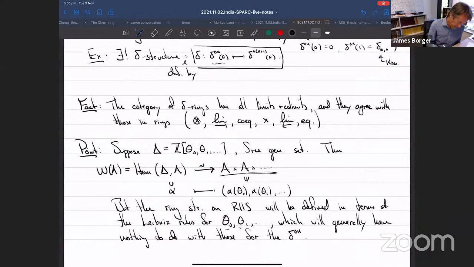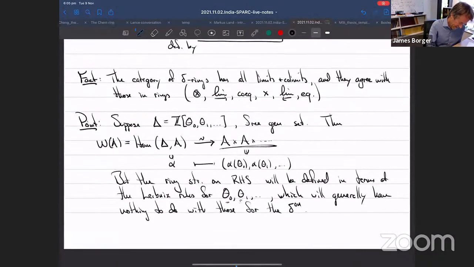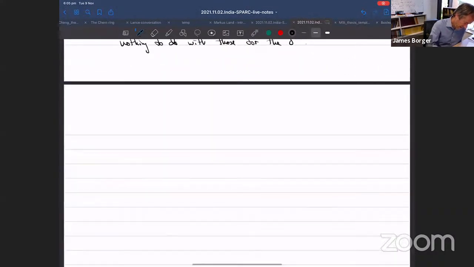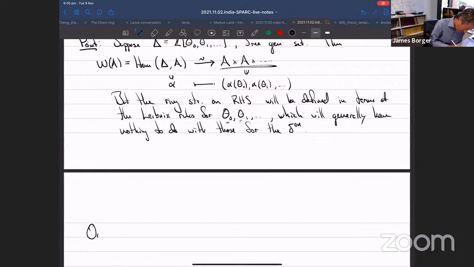And this is the point with the traditional approach to the Witt vectors. Our approach is we use the iterates of delta as generators of this ring.